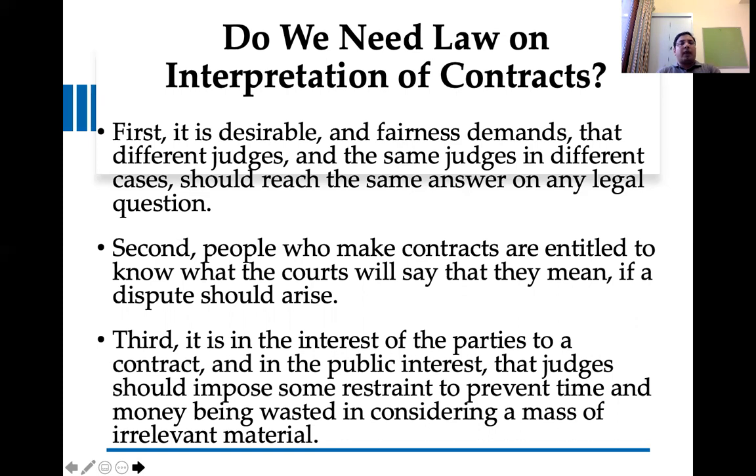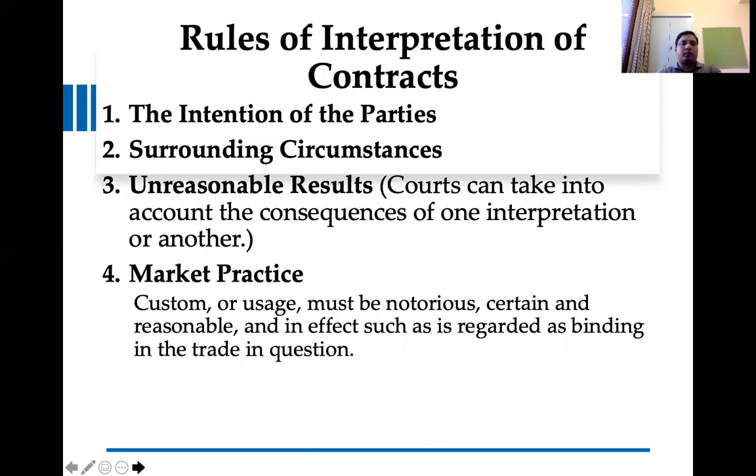So if that rule is read with the law of interpretation of contracts, then definitely we need rules which may guide judges and also provide some guidelines to the parties on how their contracts would be interpreted.